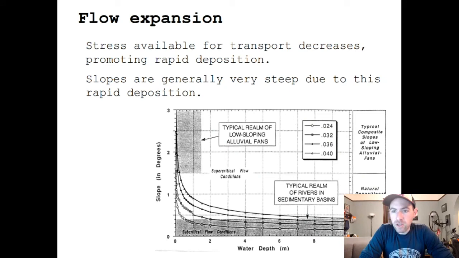And as you can imagine, that also has grain size considerations associated with it, right? So as you lower the depth and decrease that shear stress, the larger grains are going to become less transportable first, and therefore they will stop being mobile and will be deposited first, right?